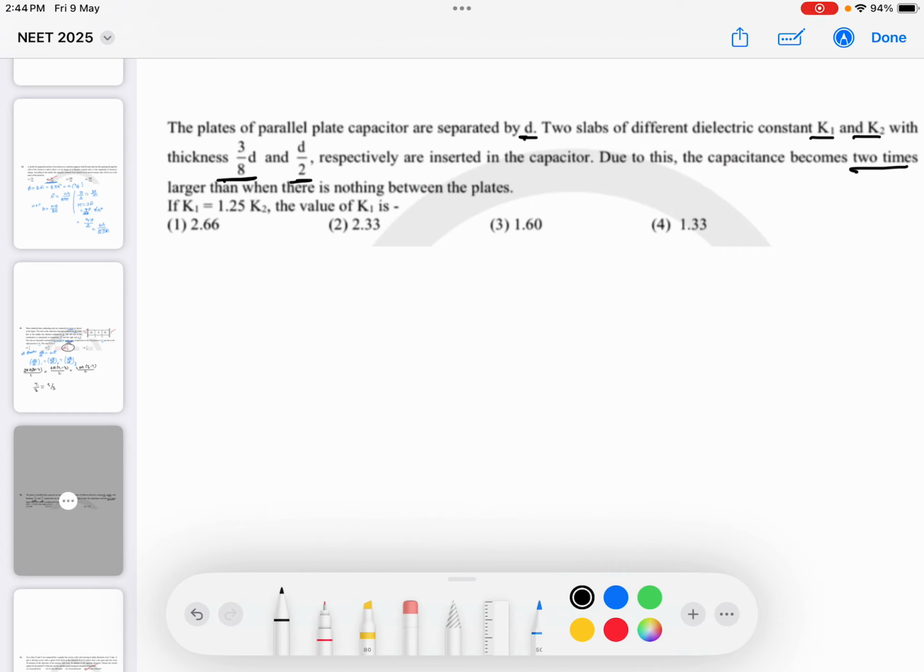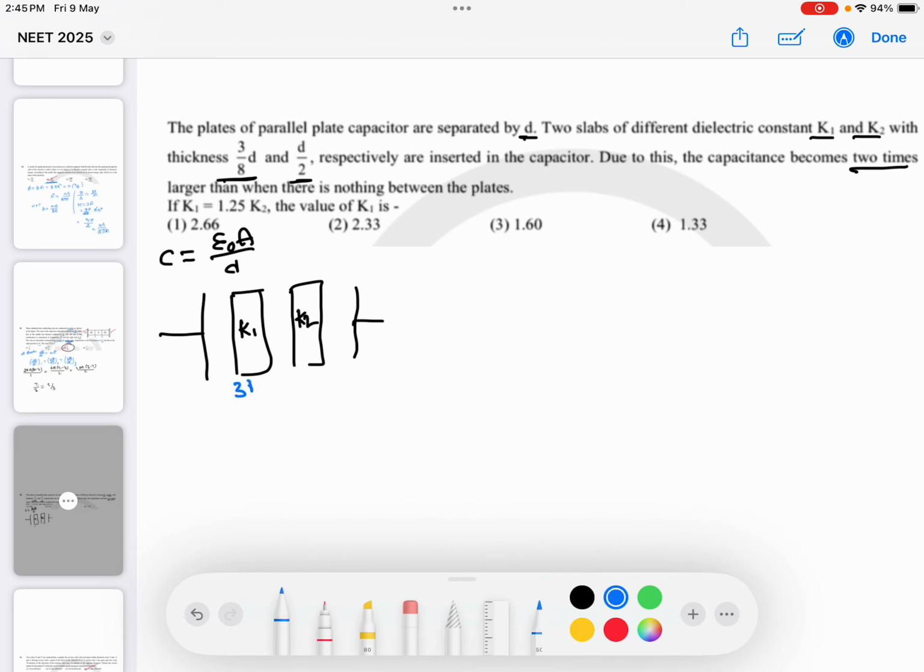Generally, without any dielectric, the capacitance value C is equal to epsilon naught A by d. In between the plates, two dielectric slabs exist. The first dielectric slab has constant K1, the second has constant K2, and their thicknesses are 3d by 8 and d by 2.